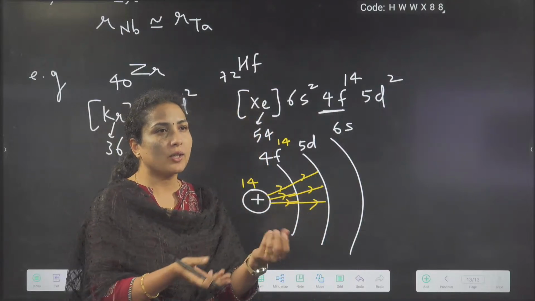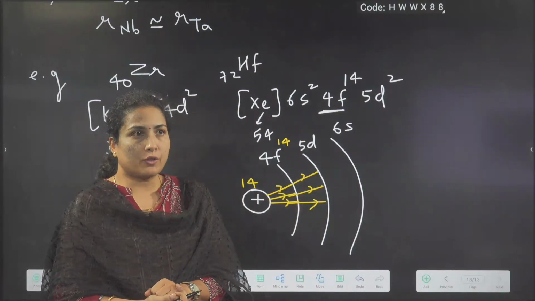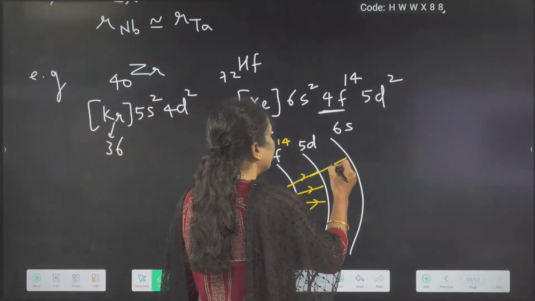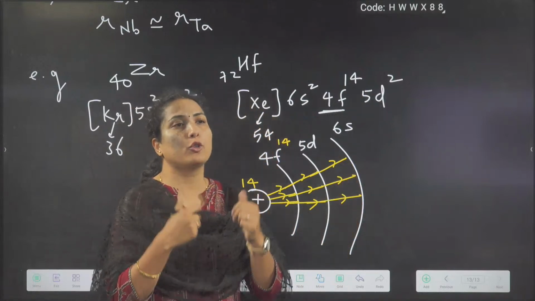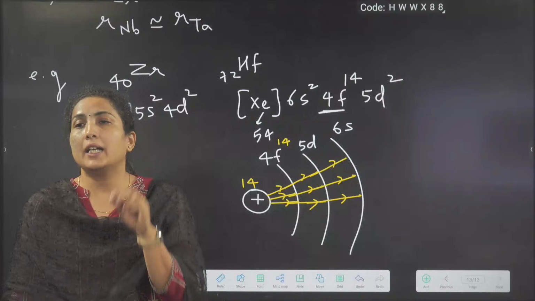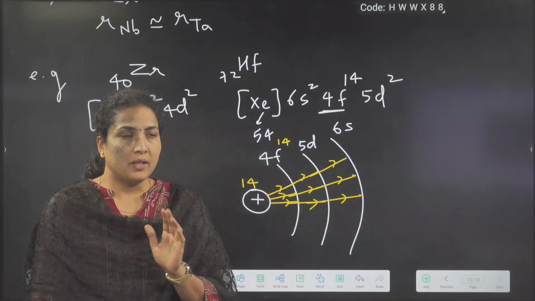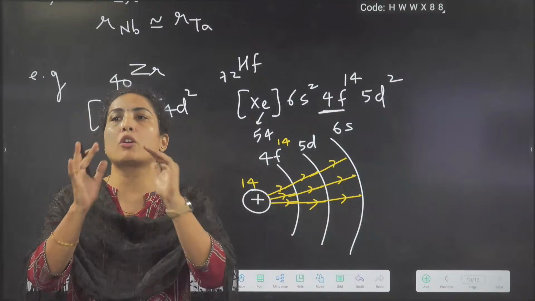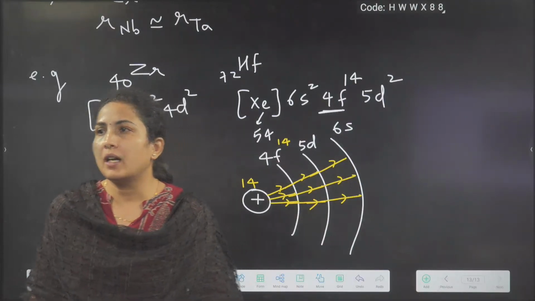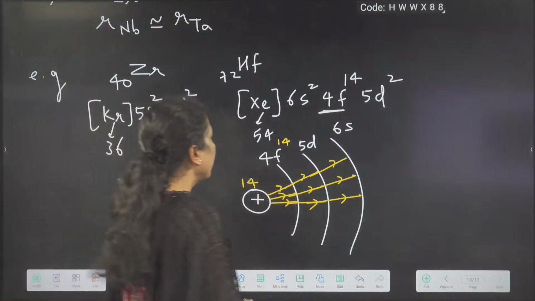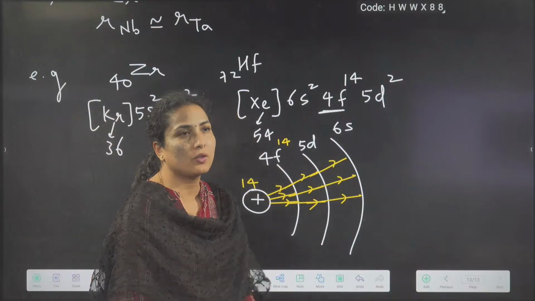I'm relatively better, but I won't be able to stop the nuclear force of attraction. So ultimately, after the joint venture here, this increased nuclear force of attraction reaches onto 6s, outermost electrons. And when they start feeling more nuclear force of attraction, the size will reduce. Are you able to understand? So who is the culprit here? It is because of the poorest shielding effect of your 4f subshell electrons.